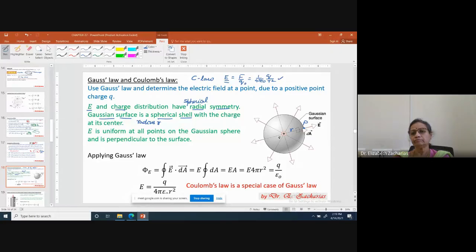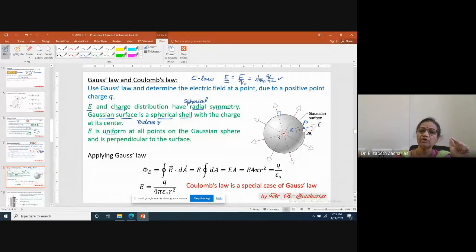Okay. Next, I have to also realize that electric field is uniform at every point on the sphere. That's what is spherical symmetry. At every point on the sphere, the electric field is uniform, has the same value. Uniform means, don't say, ma'am, you're not drawing parallel lines. No, what we mean by uniform is, it is having the same value at every point on this sphere. And additionally, I find that the electric field is perpendicular to the surface at every point.